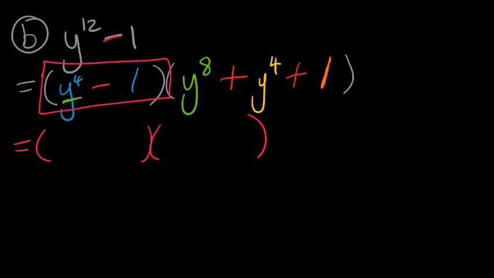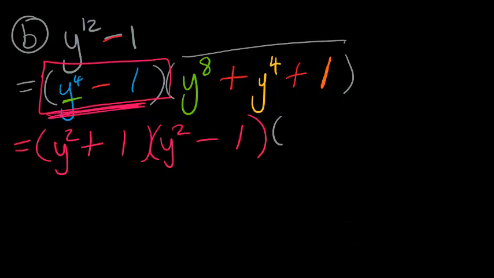One is plus, one is minus: y squared plus 1, y squared minus 1. And that will be the difference of squares over there. And then my second bracket, I'm just going to bring it down. y^8 plus y^4 plus 1 remains untouched.